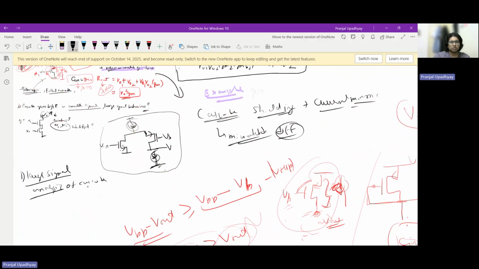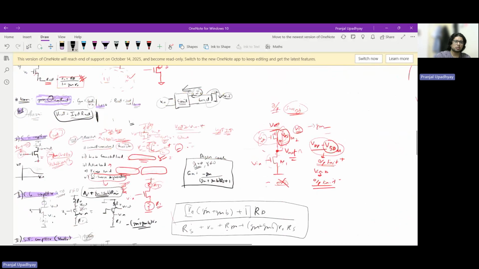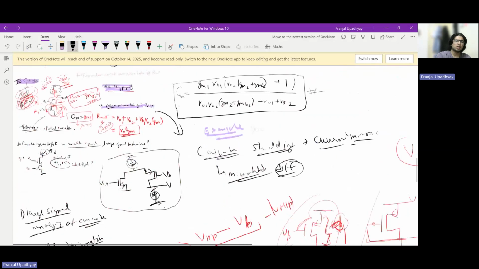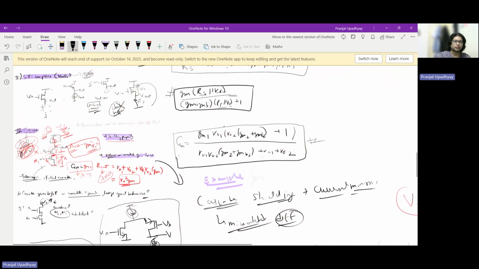Second, the shielding property of the cascode, and how it is able to mitigate the problem of mismatch in a differential configuration. And that is pretty much it. That's pretty much the theoretical summary of chapter 3. These three topics I will discuss in the next video, which will be the final video for this chapter.